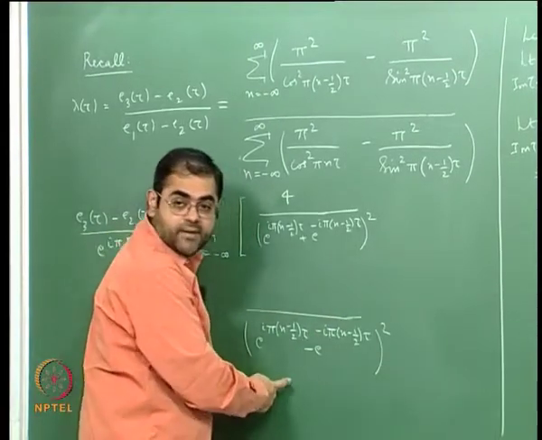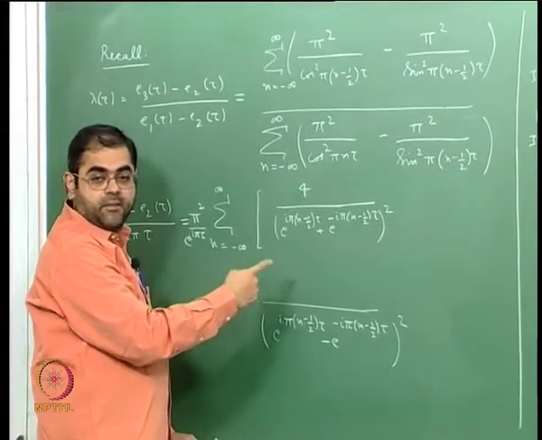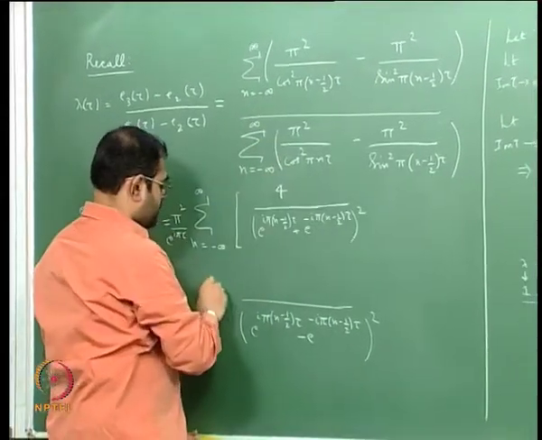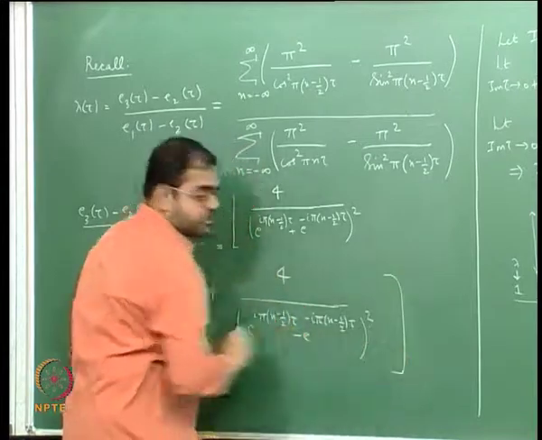There is a 2i squared in the denominator which goes to the numerator and becomes a minus 4, and because there is already a minus this becomes a plus 4. So this is what I get.